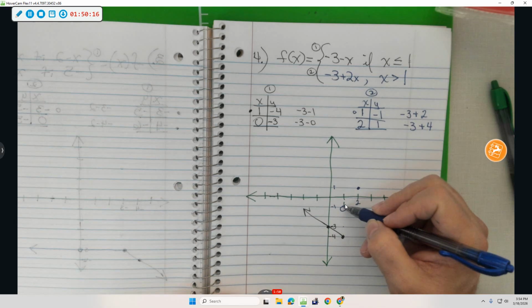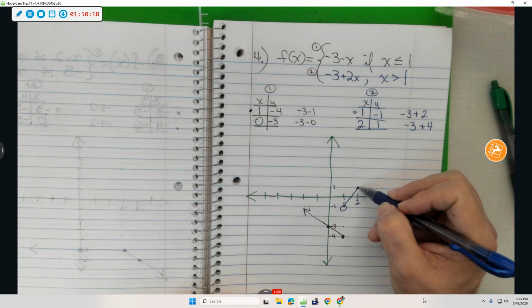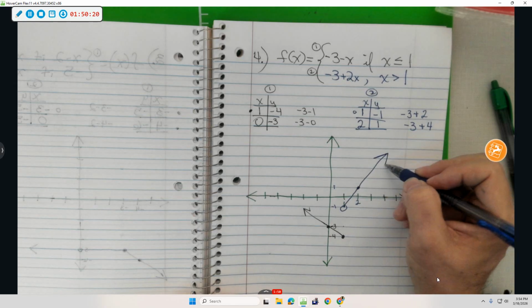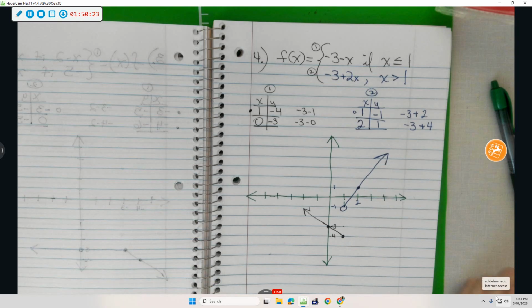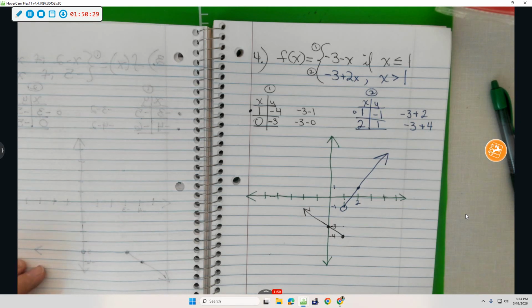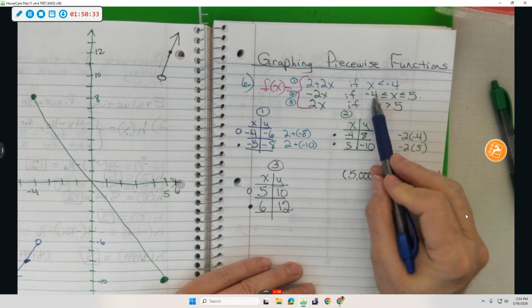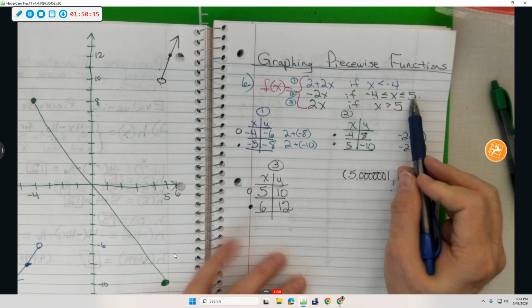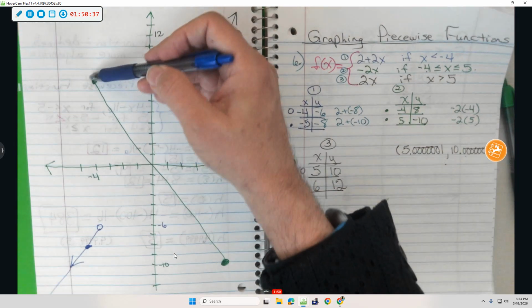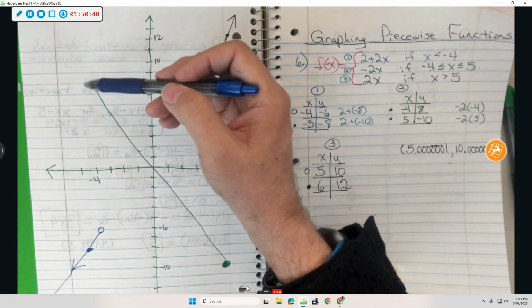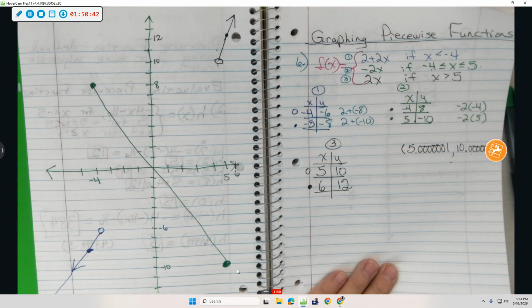Start at the open circle. Am I going to stop? No. It keeps going forever. The only way your graph stops is if the interval has those 2 numbers between it, like number 6 did. X was bounded between negative 4 and positive 5. That graph didn't have any arrowheads. It started and stopped at the cut points.